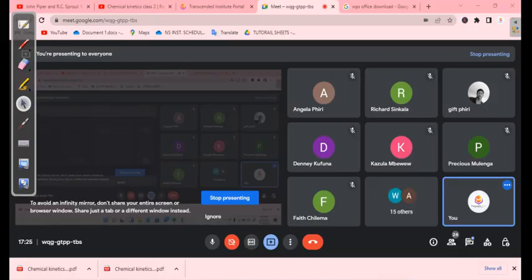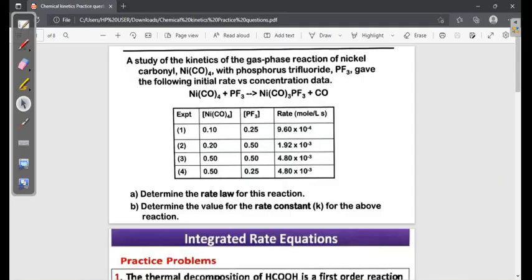Reaction mechanisms are also part of the things that we're going to talk about. And then I think we are ready to look at the questions just now, unless there are questions outside what I've talked about. So we'll start with this question. The question says, a study of kinetics, yes.